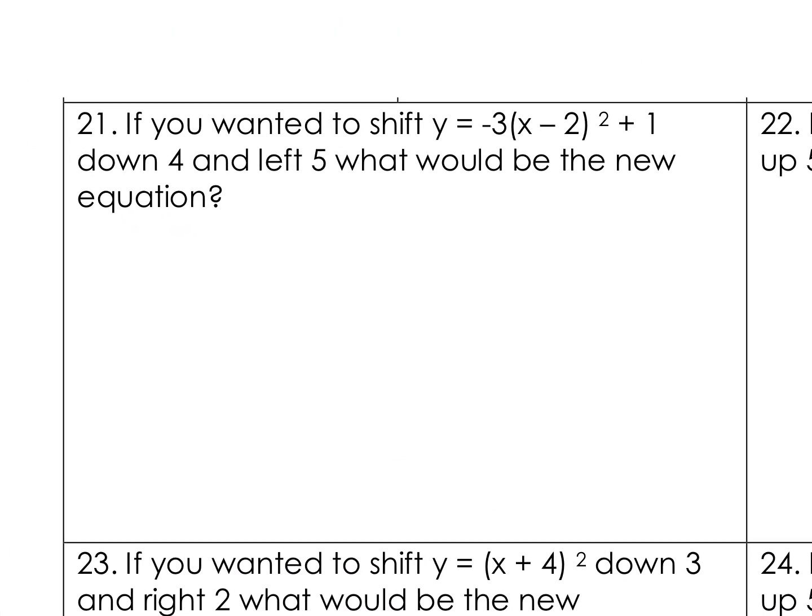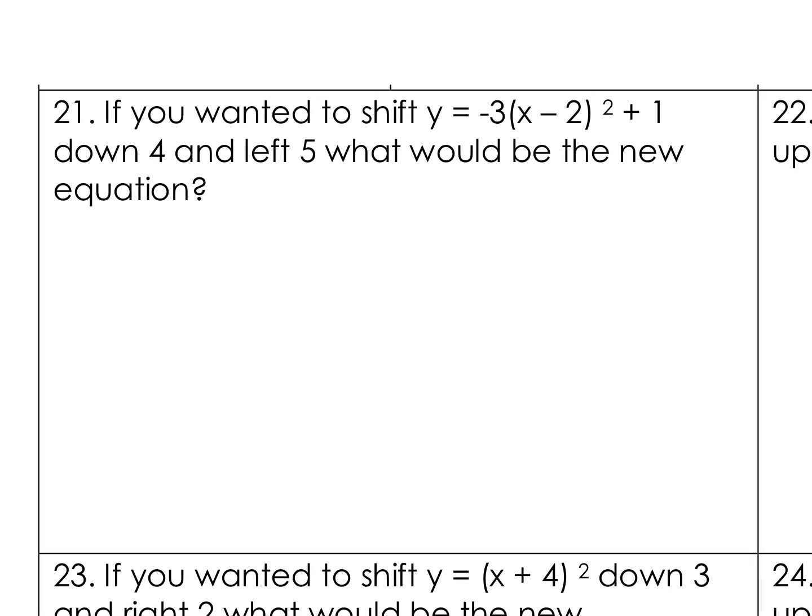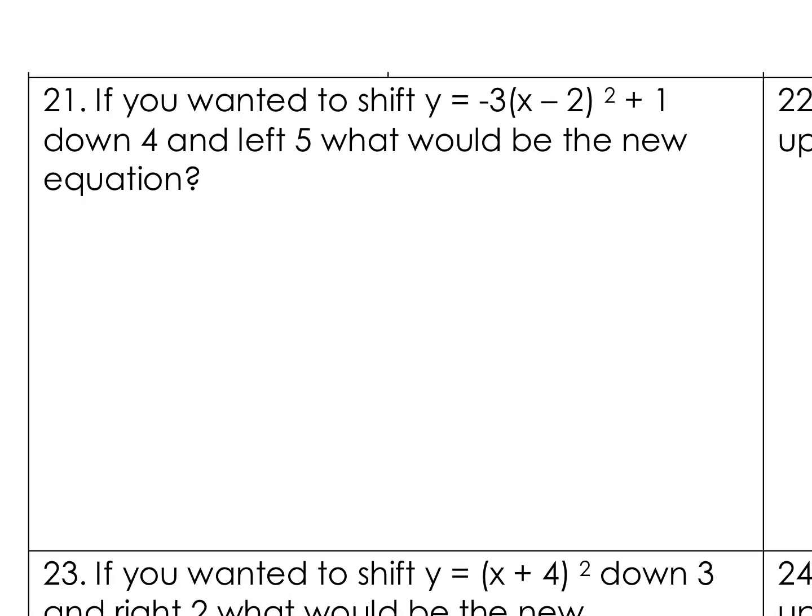Okay, number 21, if you wanted to shift y is equal to -3 times x minus 2 squared plus 1 down 4 units and left 5, what would be the new equation? Okay, so I noticed that it is down 4 and left 5. Down 4, it's a vertical translation of -4, and left 5 is going to be a horizontal translation of +5.